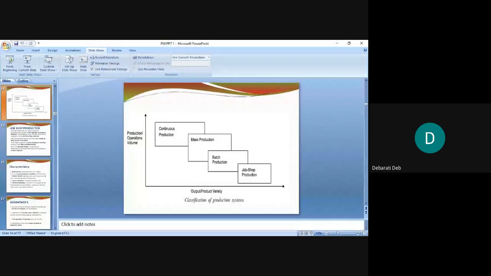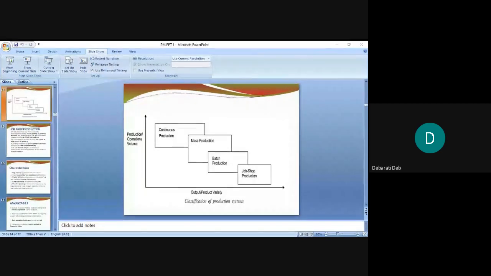Who is trying to join? Just a moment. Please try to join by 8, maximum by 8:45. I'm joining 5 minutes late because I want you all to be present by that time so that it doesn't create disturbances. I'm showing the slide in one window, so if anyone tries to join, I have to close the window, go back to the Google Meet tab and then make you join.